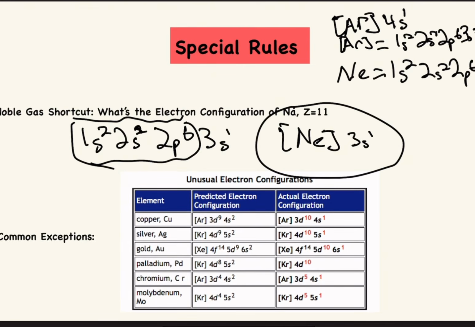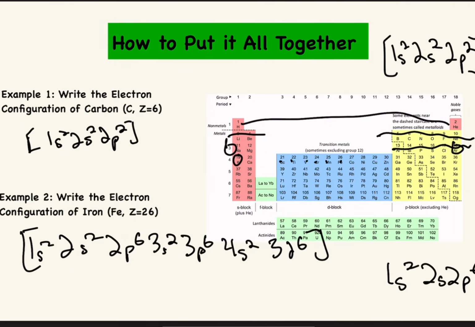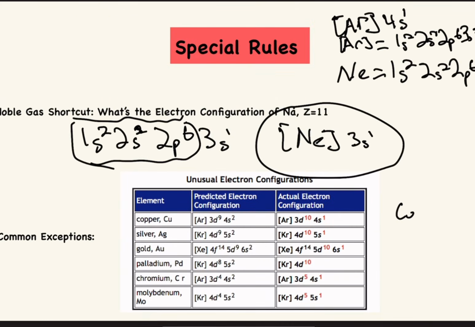And then some common exceptions for these rules. So let's start with copper. So Cu, right? The predicted electron configuration is 3d9, 4s2, right? So essentially, let's look for copper really quickly. It's right here. We'd say, okay, we're using argon right here, just as a little shortcut.